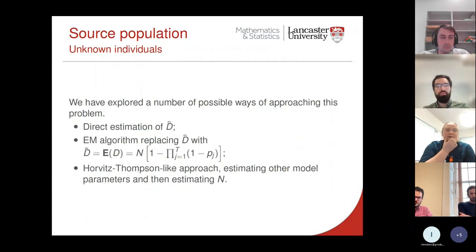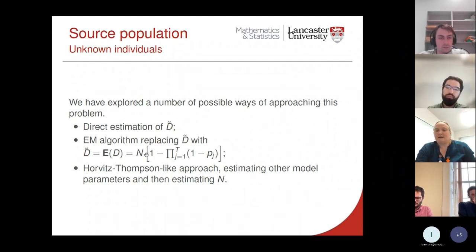And we explored a number of possible ways of approaching this. So we thought, to begin with, well, can we just directly estimate d tilde? Could we have it as a parameter in our model? We looked at using the EM algorithm, replacing that d tilde with the expected value of d, and the expected value of d can be written in terms of parameters we are estimating, so in terms of the superpopulation and the detection probability.